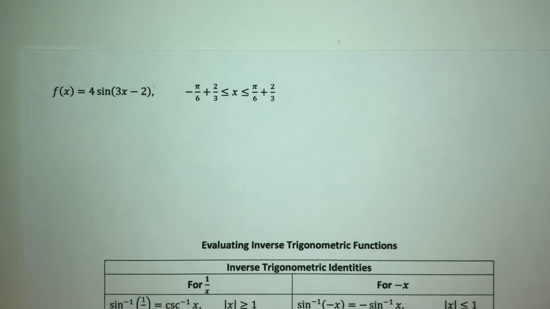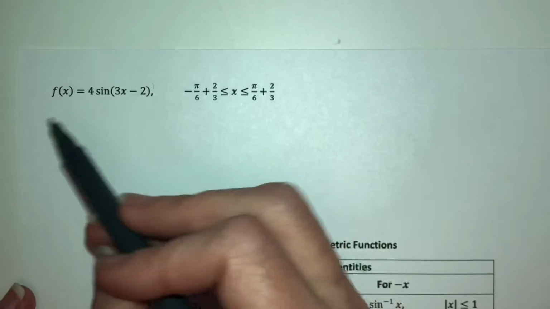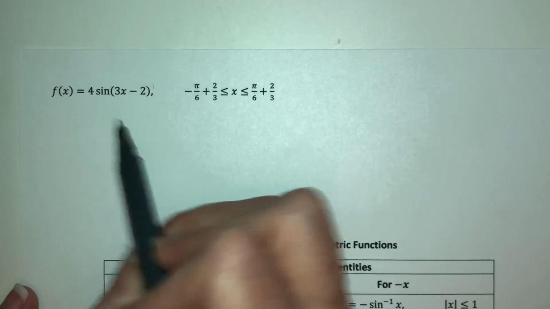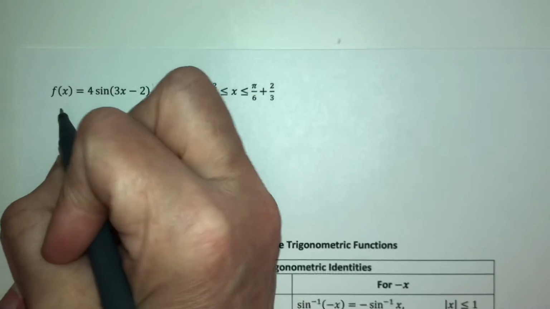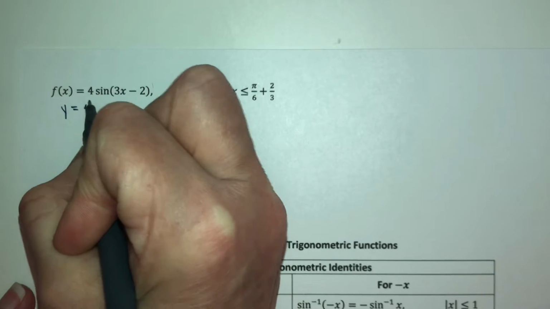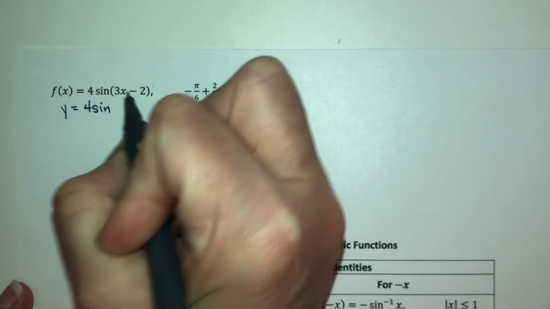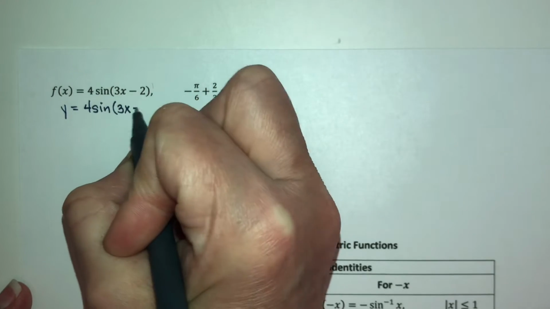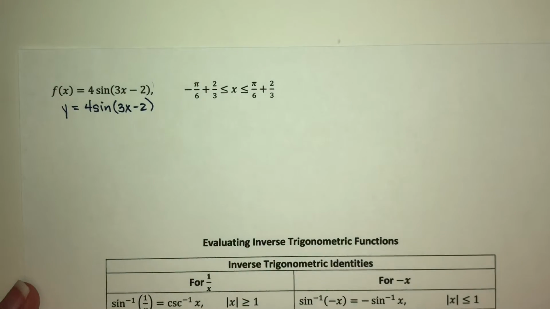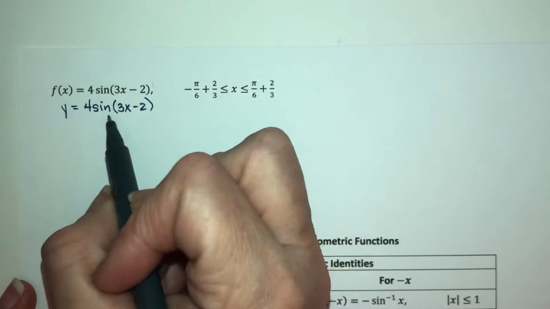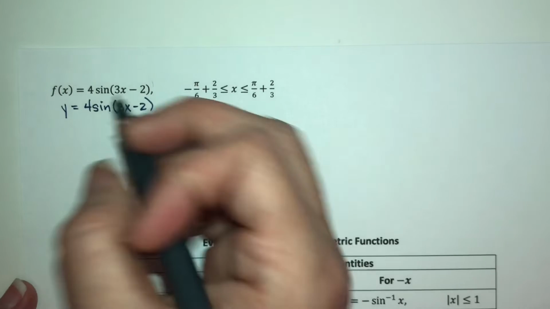But I need to get this solved to find f inverse, so replace this with y. Make sure you keep these parentheses. They mean something very different if you drop them. Now we switch our x and our y.